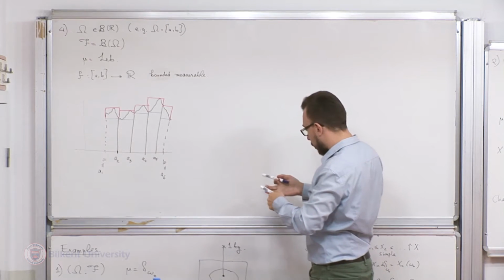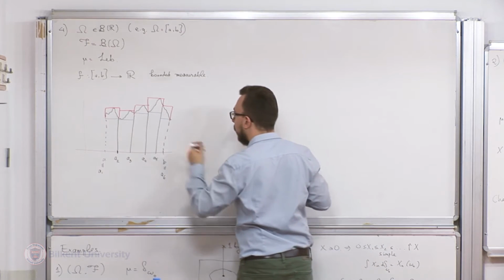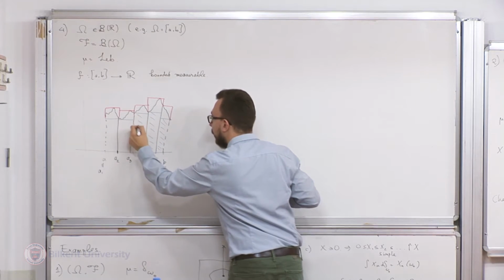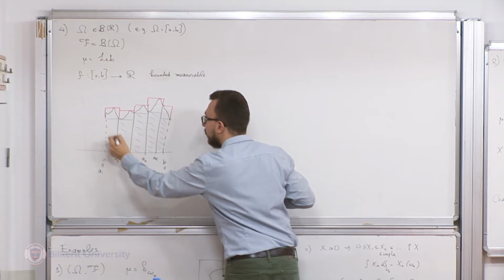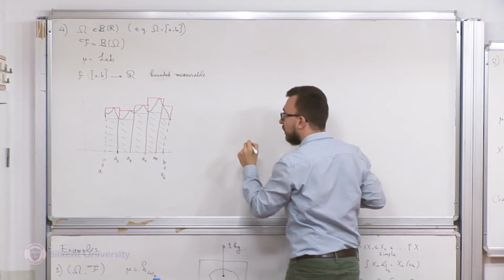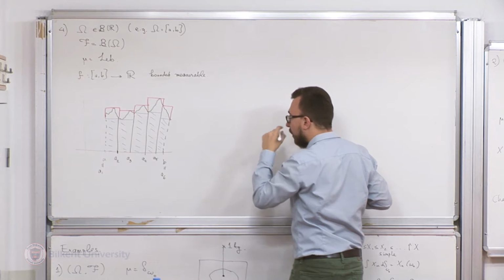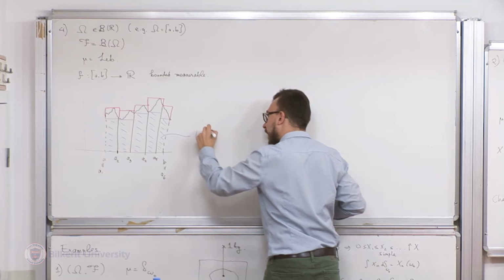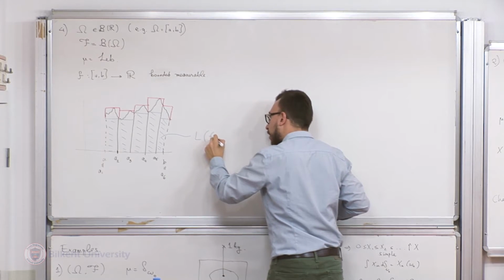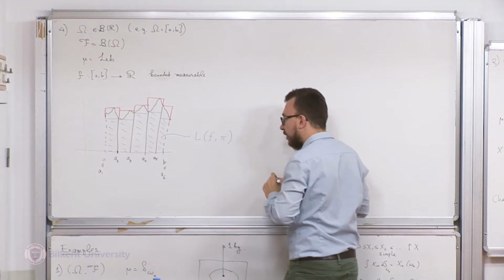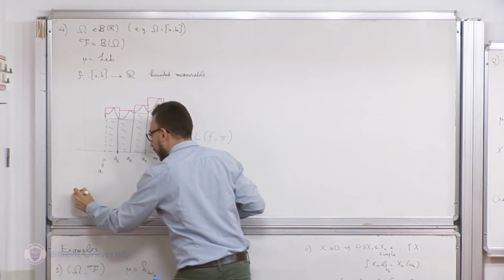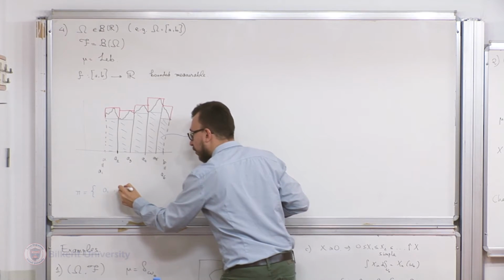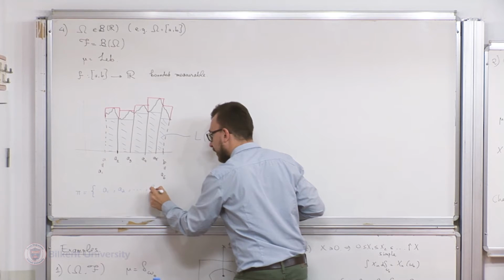Okay? So you can calculate this blue region, the area of the blue region, as a sum of areas of rectangles, right? So this is called a lower Riemann sum for f with respect to partition pi. What is partition pi? Well, partition pi consists of A1, A2, up to A6 in this picture.